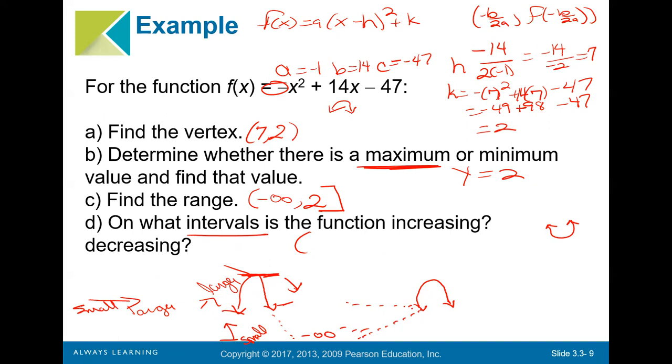So we're talking about this x value. We're going from negative infinity continuously to where x hits 7, parentheses. And then that's the increasing. And then the decreasing, we're going to start at 7, and I'm using parentheses because we're going up to this point, and then it goes off to positive infinity.